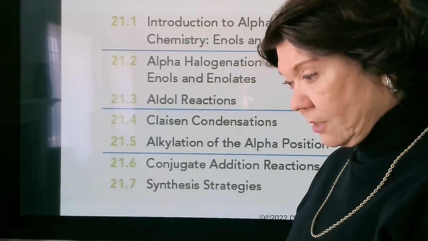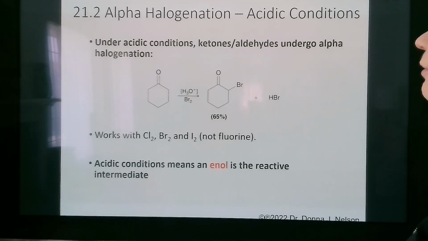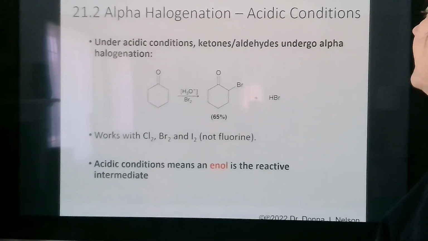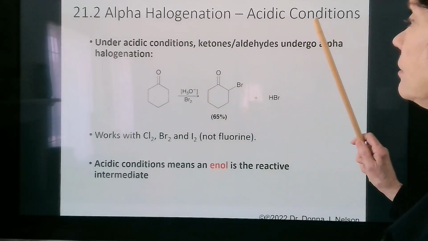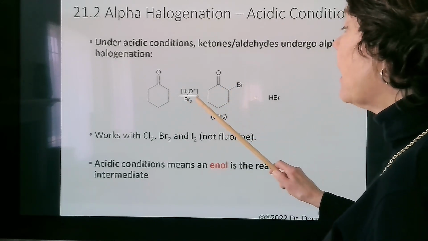So let's look under acidic conditions first. We're going to consider the reactions under acidic conditions, and then we'll go on to basic conditions. Under acidic conditions, ketones and aldehydes undergo alpha halogenation.